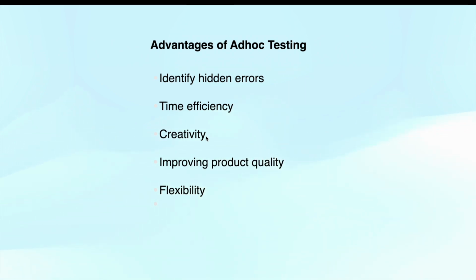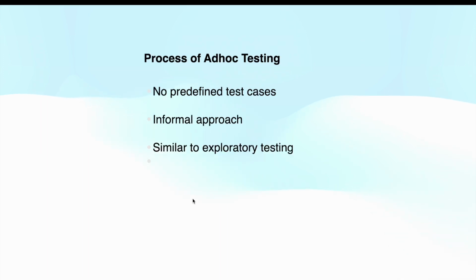Next is creativity. It allows testers to think outside the box and create unique test cases. Next is improving product quality. By uncovering hidden issues, Adhoc testing helps build a more robust product. Next is flexibility. It can be conducted at any time during the software development lifecycle.